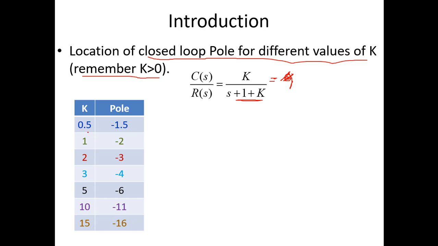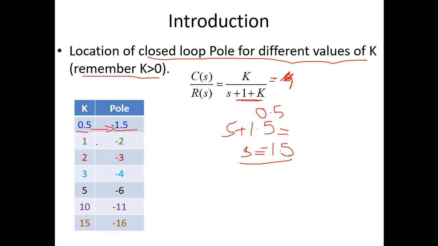So if you put K greater than 0, let's say 0.5, this becomes 1.5 s plus 1.5, and if you equate it to 0, the pole will be at -1.5.